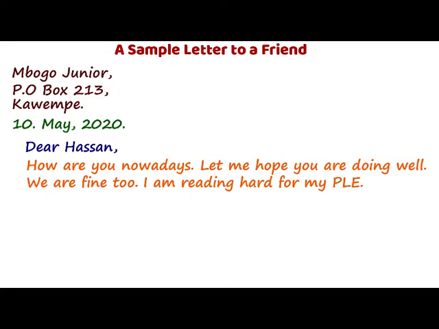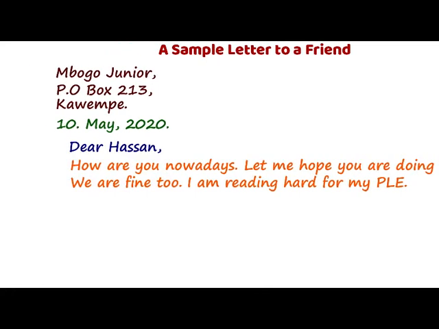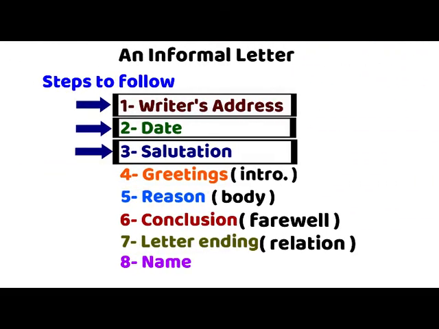Orderliness is so important in letter writing. Arrange your paragraphs well. Look at our address, the way it is arranged. Look at our date, the salutation, and now our first paragraph. That is the greetings or the introduction.